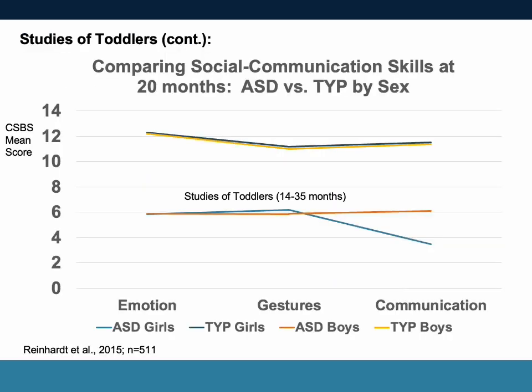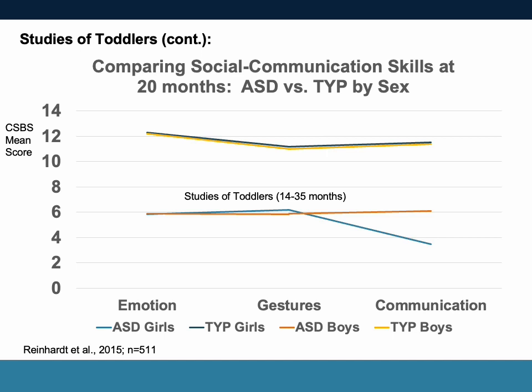Another study conducted by Reinhardt and colleagues that used a much larger sample size, recruited from various web-based portals run by the Florida State University, looked at toddlers and compared their social communication skills at the age of 20 months.